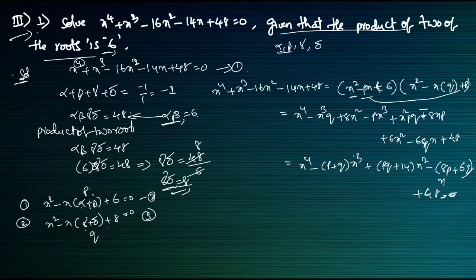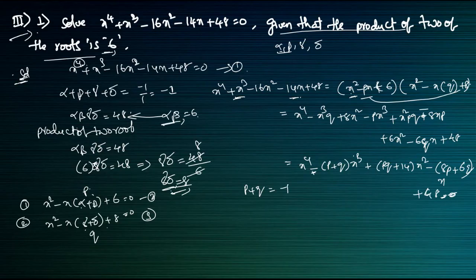So here we compare the x cube terms and x terms. For the x cube terms, p plus q is equal to minus 1, because this minus is there, so that's why.